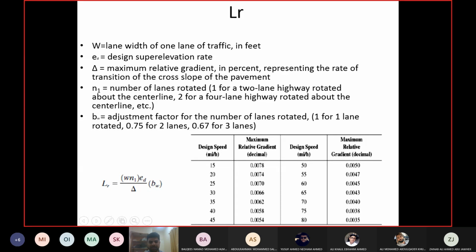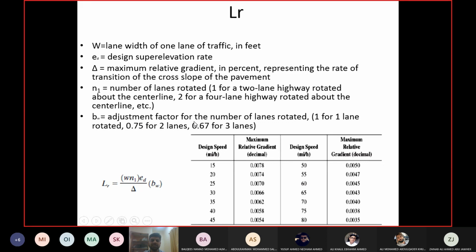You have to achieve super elevation as fast as possible so that the driver can reach the curve with full super elevation. So we are saying here, for example, if you have 2 lanes, then BW is 0.75. So whatever LR you are getting, take 75% of it. For 2 lanes, we are taking 75% of LR.